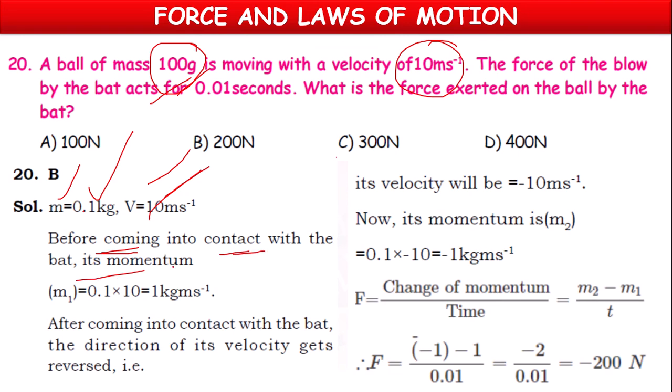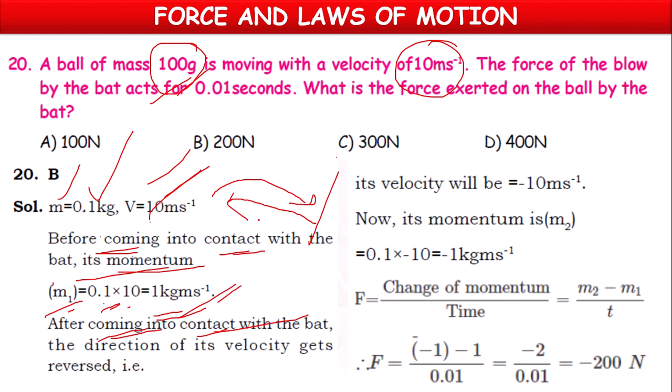Before hitting the bat, its initial momentum is mass into velocity, 0.1 into 10, 1 kg meter per second. After hitting the bat, the ball reverses its direction, its velocity gets reversed, it goes back in the opposite direction.